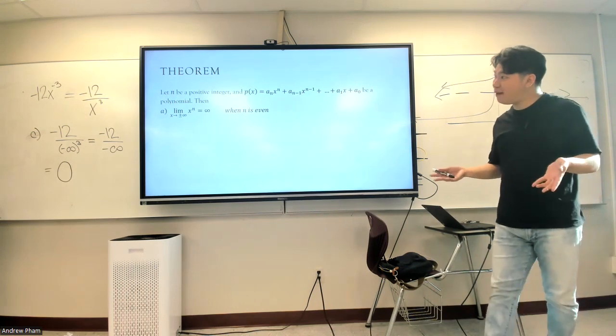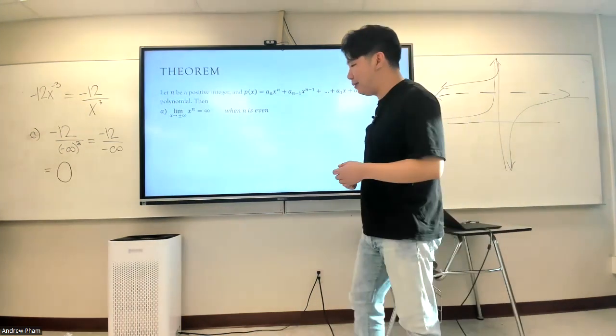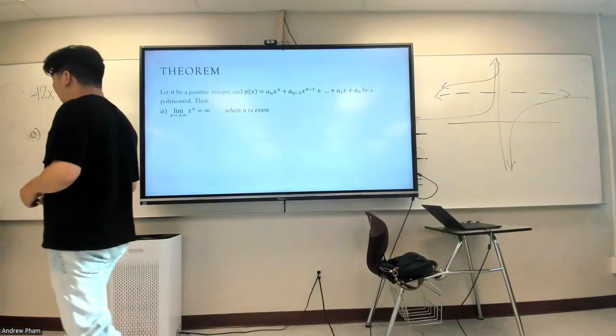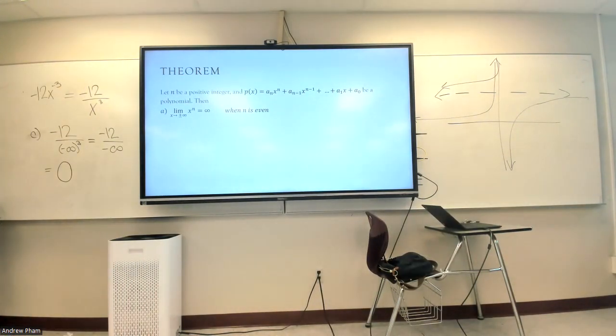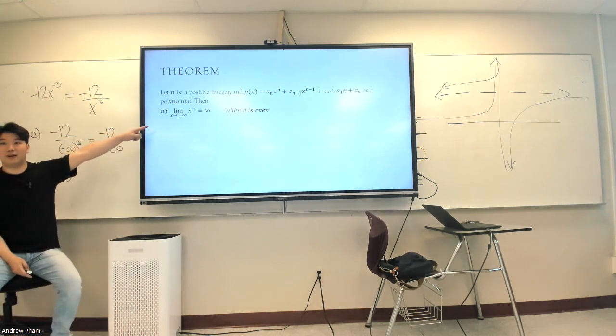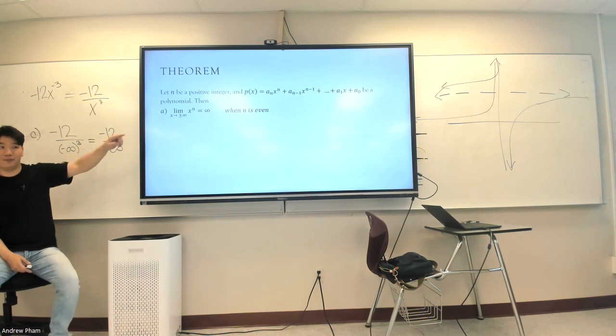So if you have x to an even power, then you know your limit of x to the n is infinity. And this happens regardless of whether down here it's x going to infinity or negative infinity.